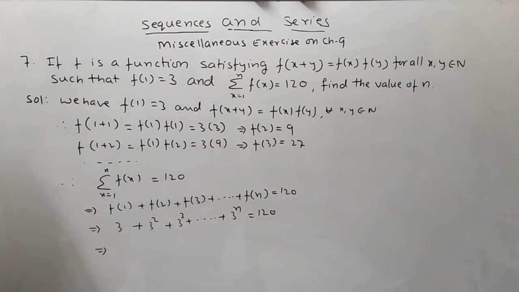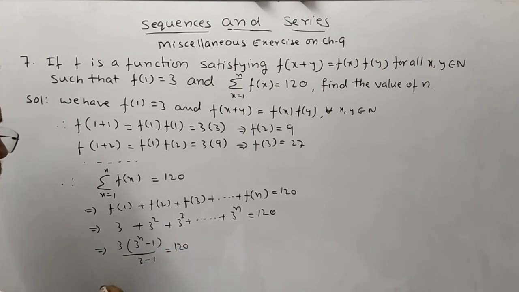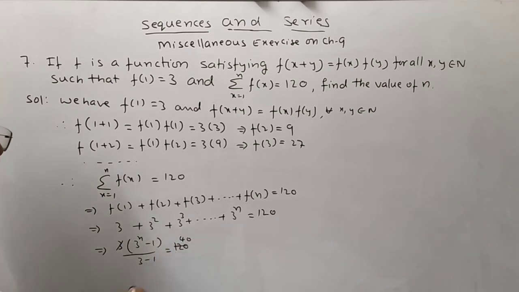This implies 3 into, what is r? r is 3. 3 raised to the power n minus 1 divided by 3 minus 1 is equal to 120. Three ones are 3, three fours are 120.